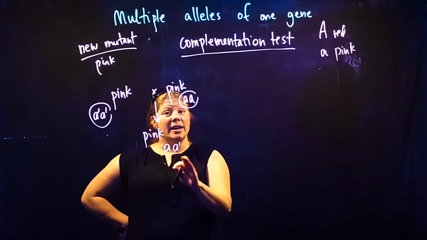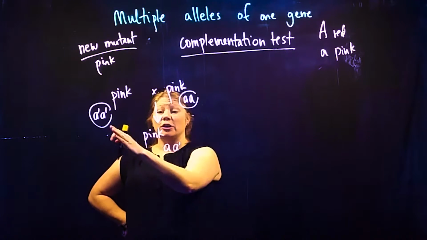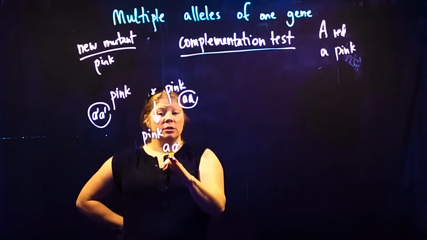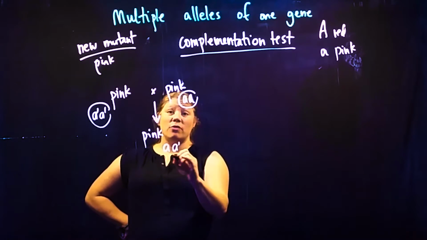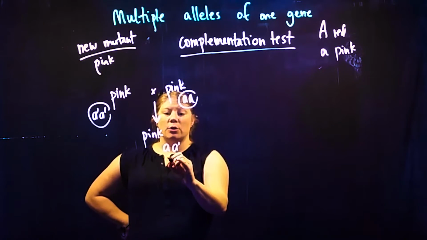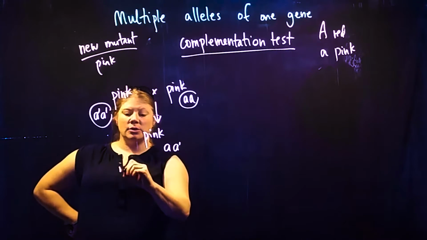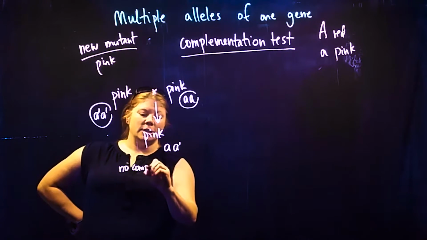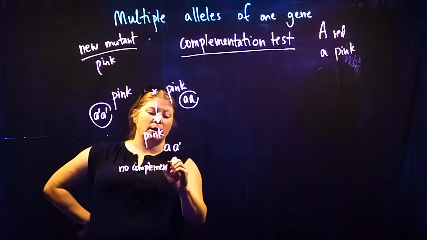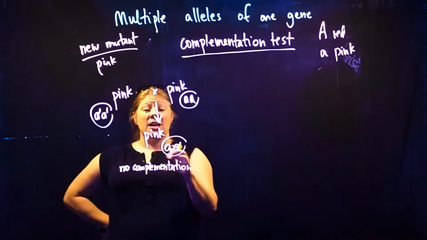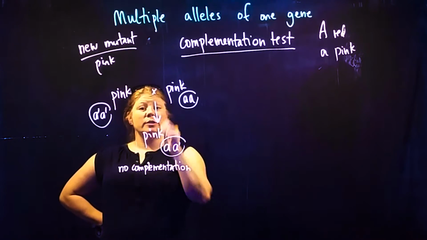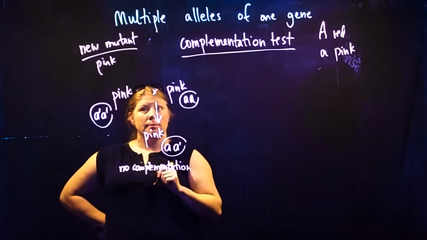It's still heterozygous because it got a different version of the mutation from each parent, but the consequence is it has no functional versions of A. So here we would say that there is no complementation, and we'll talk more about that in a minute. No complementation, and we still see these original phenotypes, okay?